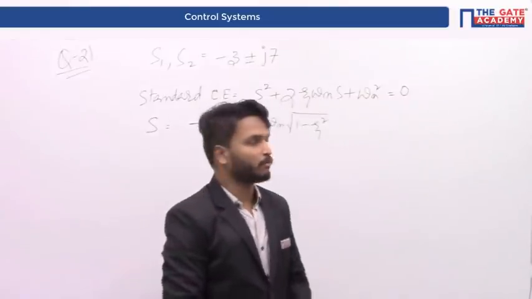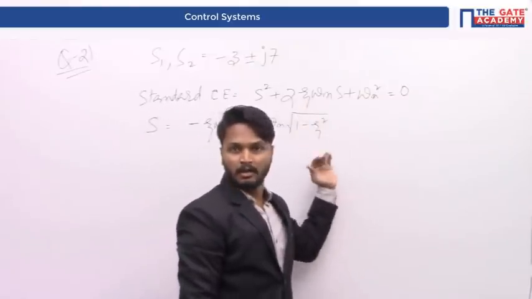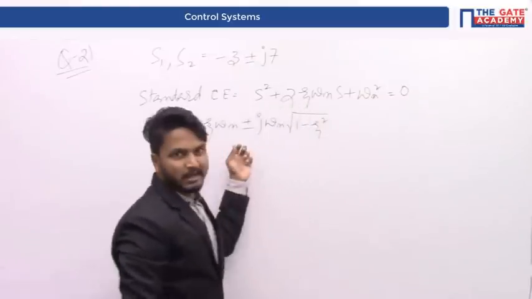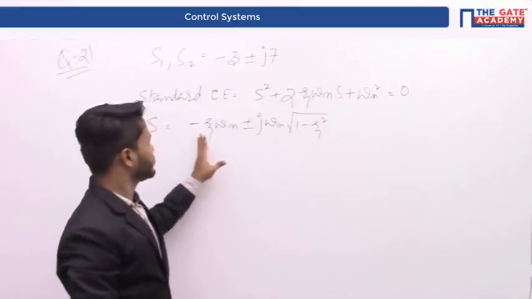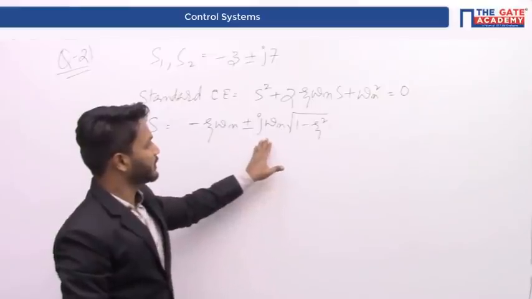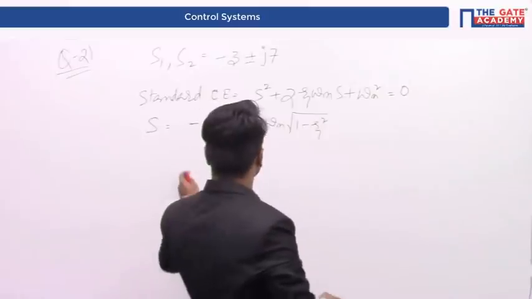You have that particular formula, that is minus b plus or minus root of b square minus 4ac by 2a. So in that way I've just calculated the roots. The roots I'll get are minus zeta omega n plus or minus j times omega n under root 1 minus zeta square.